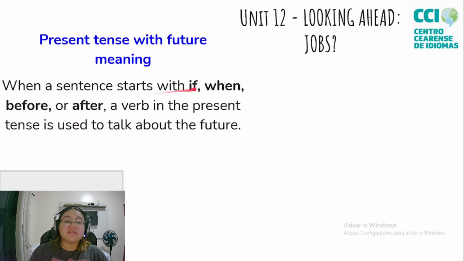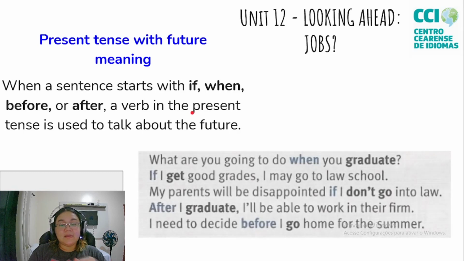If the sentence starts with one of these words, the verb will be in the present, talking about the future. Let's see the example. What are you going to do when you graduate? You don't say, what are you going to do when you will graduate? We don't say that. We say, when you graduate. The verb is in the present.